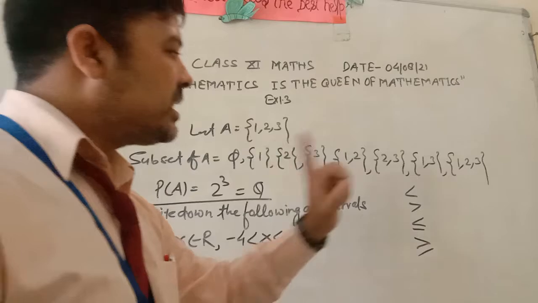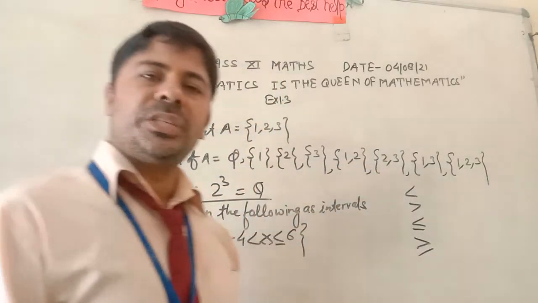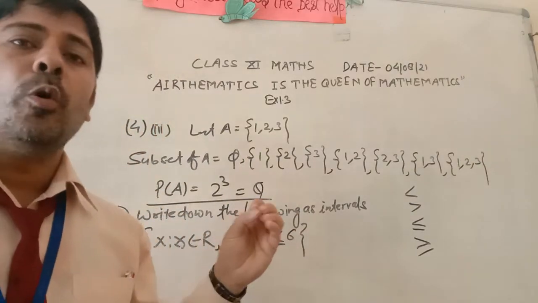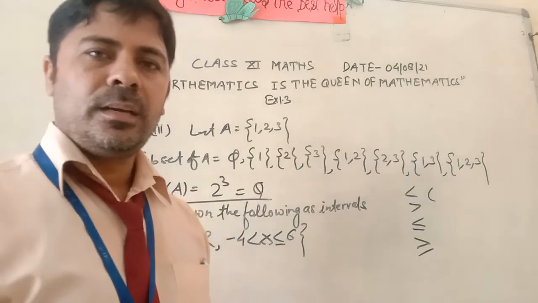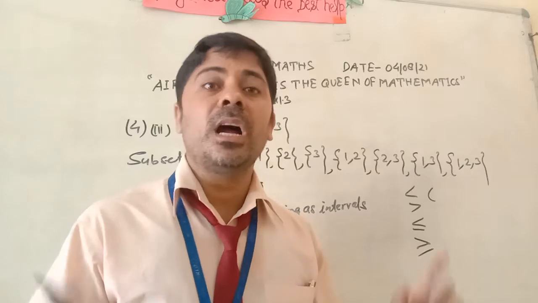If the symbol less than or greater than is given in a question, then you have to take an open interval, which means use the small brackets. In open intervals, the end points are not included.